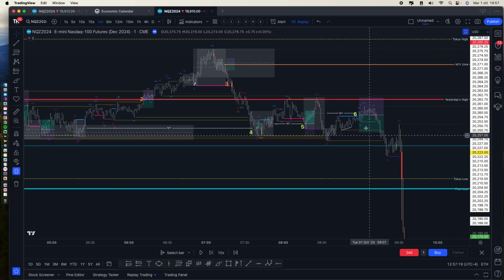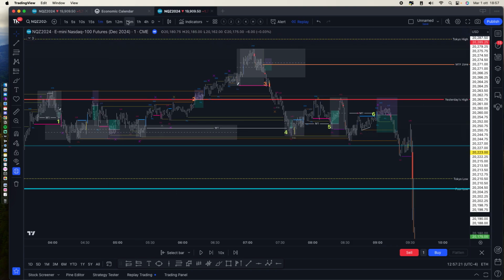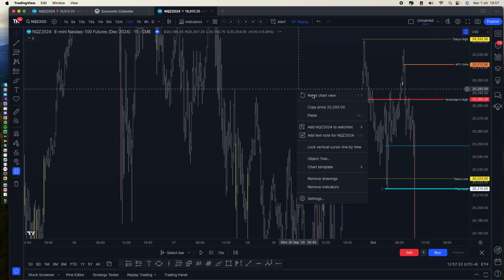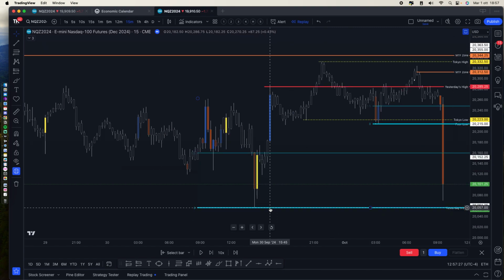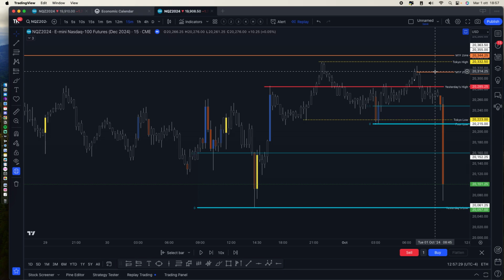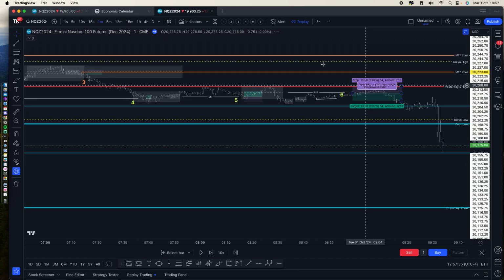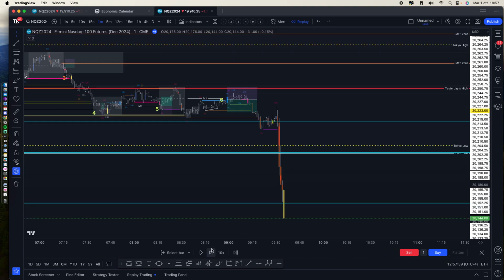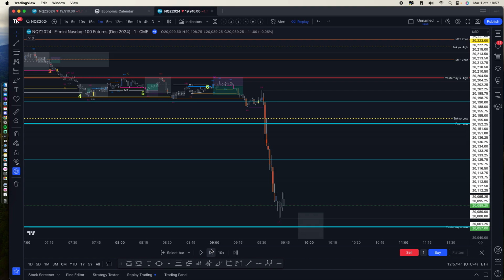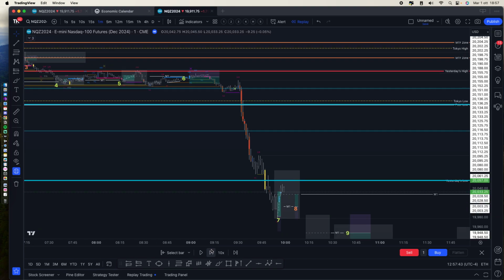The reason why I closed is because what I was thinking at the beginning of the session is that we are bullish. But anyway, now I understand that we are bearish.